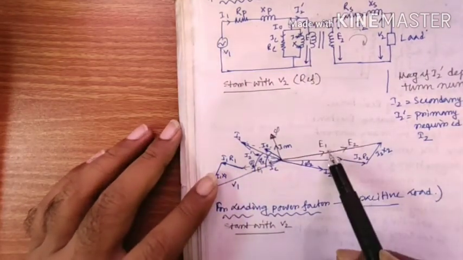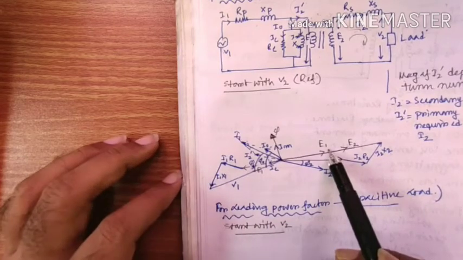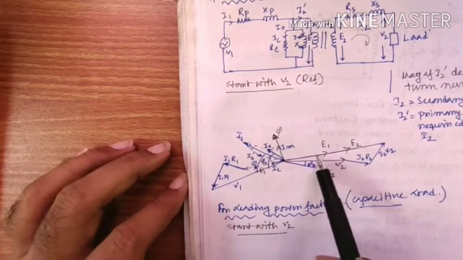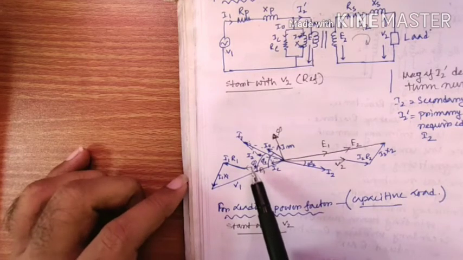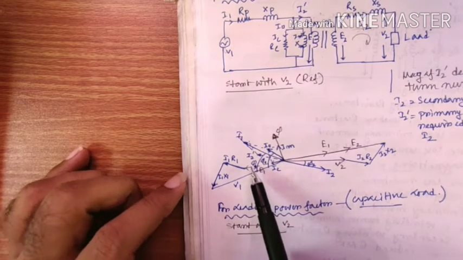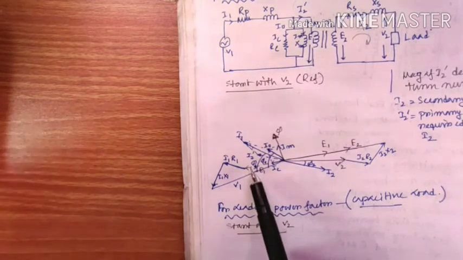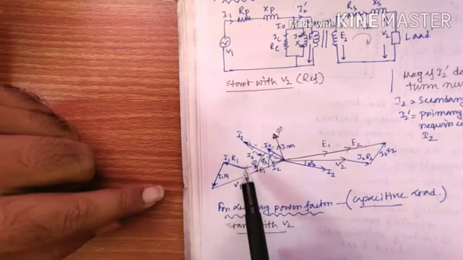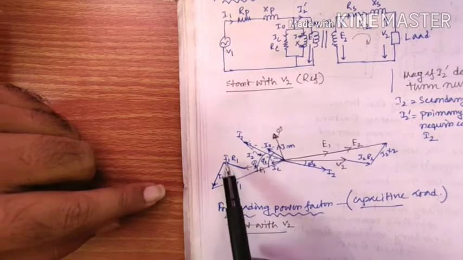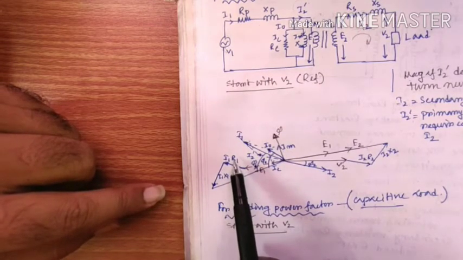If this is plus E1, then the opposite line gives us minus E1. With minus E1, I need to add I1 into RP. This is the direction of I1. The parallel line I1 R1 is here. That is I1 R1, the voltage drop across R1 or RP.